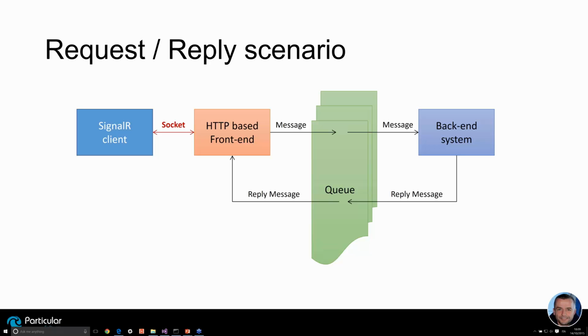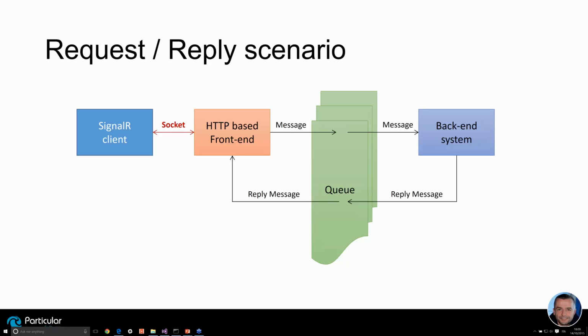In this scenario, the client would send a request over sockets to the HTTP front end, the backend of the front end, and then that message would be sent to the queue.